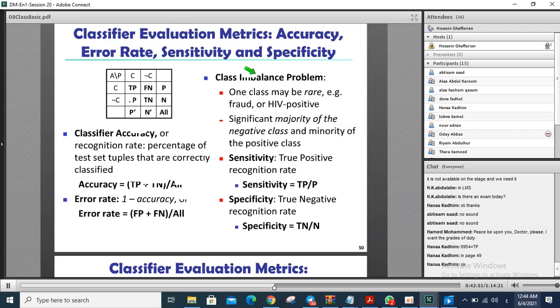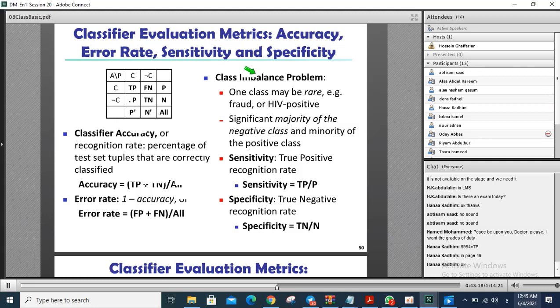So in that case, the important thing for me is the minority class, not the majority class. But I know that the majority class significantly affects my accuracy, my classification models.